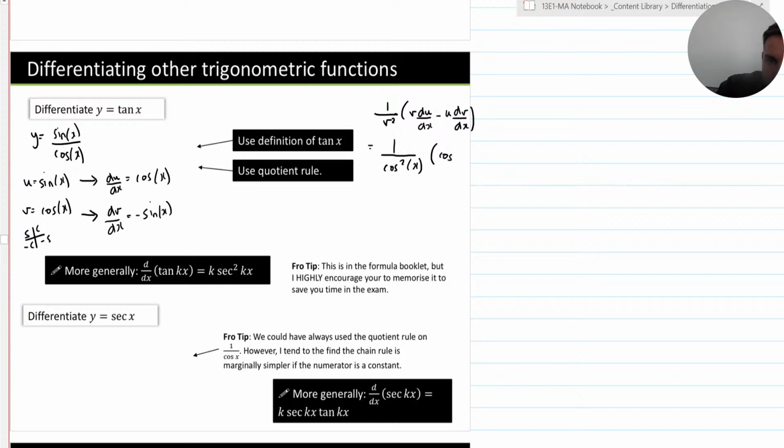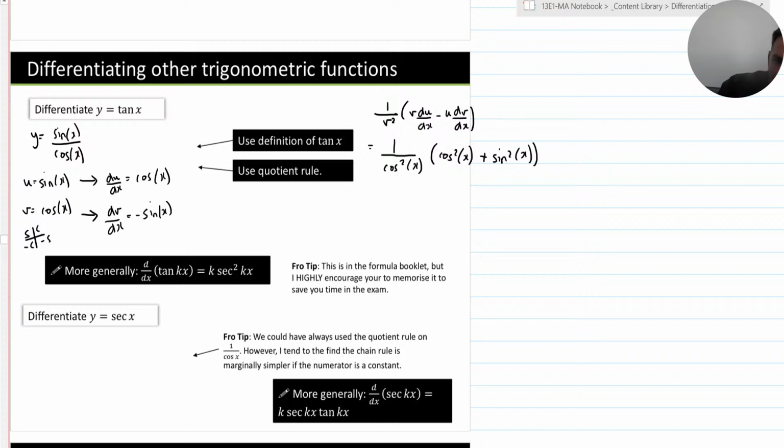So that's going to be cos squared as well, isn't it? Minus u, which is sine of x, minus the minus sine, which is going to make it plus, so it's going to be plus sine squared of x, okay?